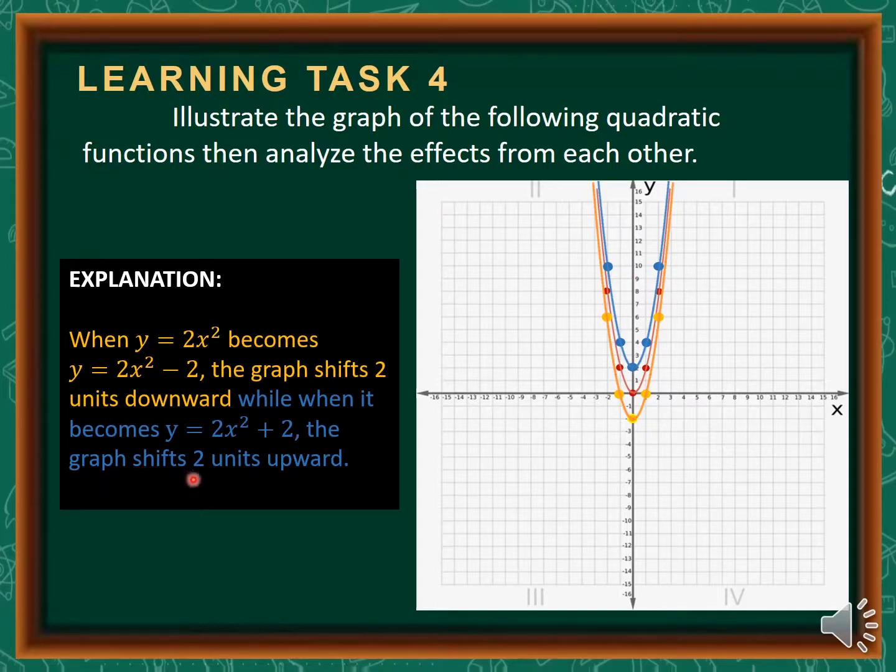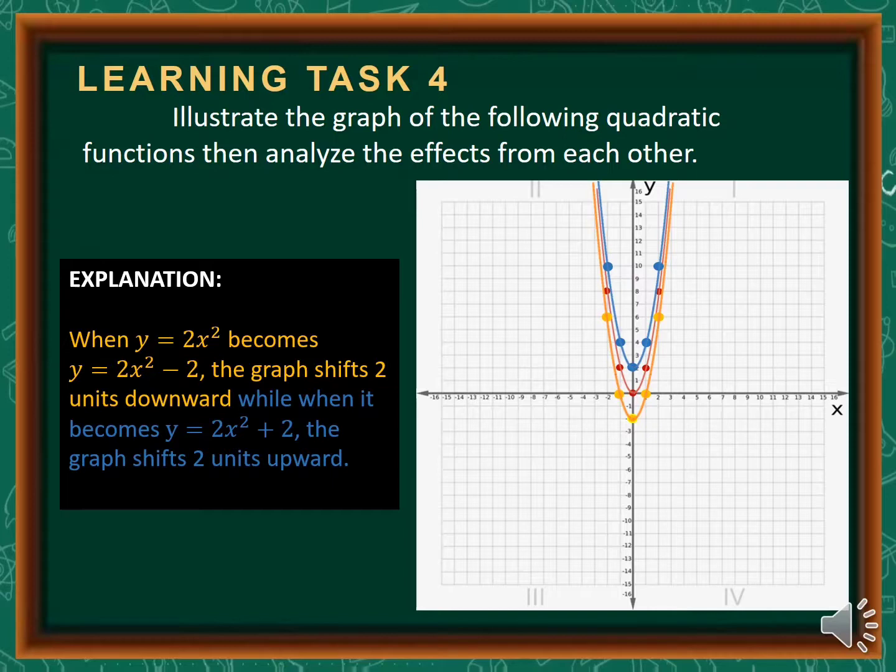So, how can we tell this? Just like what we have learned in analyzing the graph of the quadratic function, when k is positive, the movement is upward. If k is negative, the movement is downward. Alright?